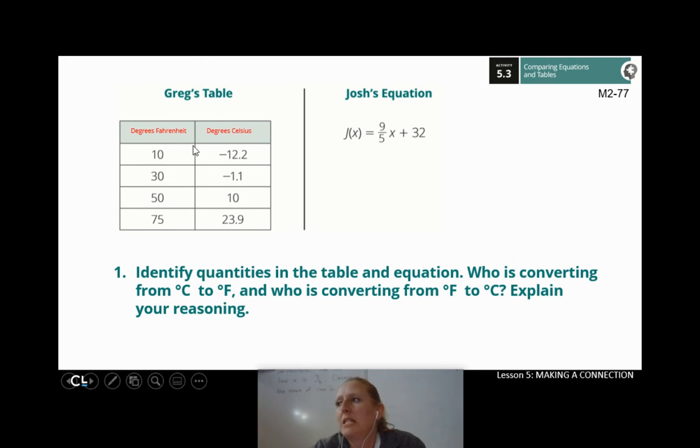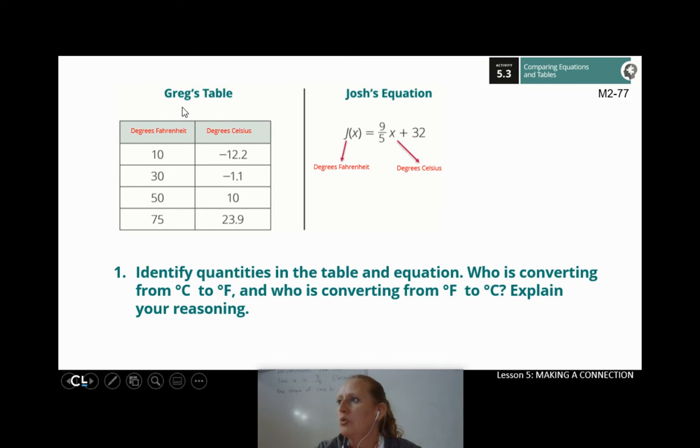So I thought to myself, okay, well, Greg's input is Fahrenheit and his output is Celsius. So that means Josh is going to be the other way around, right? Josh has to go the other way. So Josh's input is going to be Celsius and his output is going to be Fahrenheit. Fair enough.